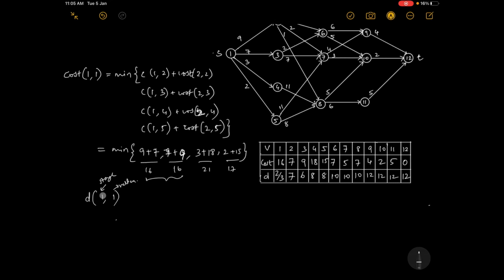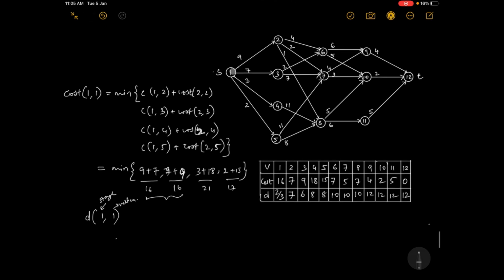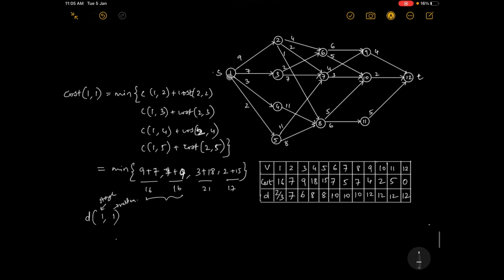Now we have taken stage 1. In stage 1, of course, we have to start from vertex 1. Suppose we have selected path 2. We have two choices actually. We can go to vertex 2 or we can go to vertex 3, because both are giving the same result.